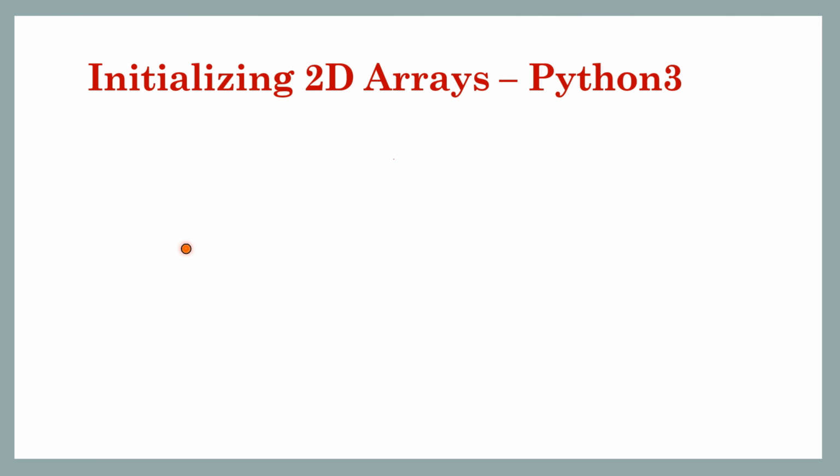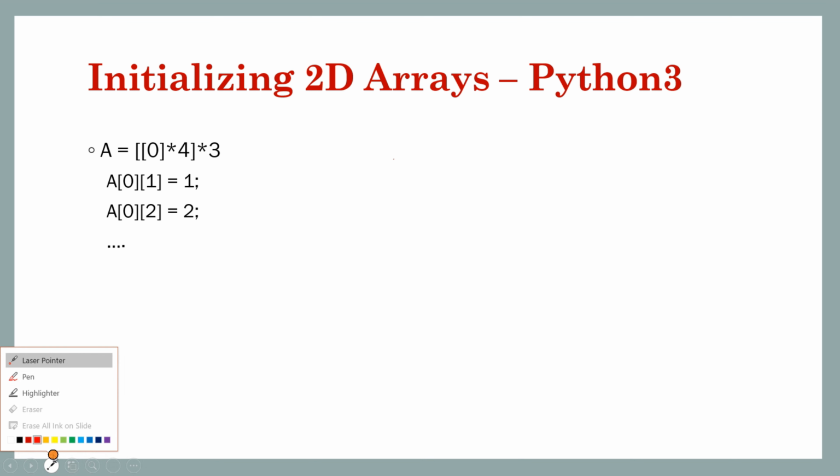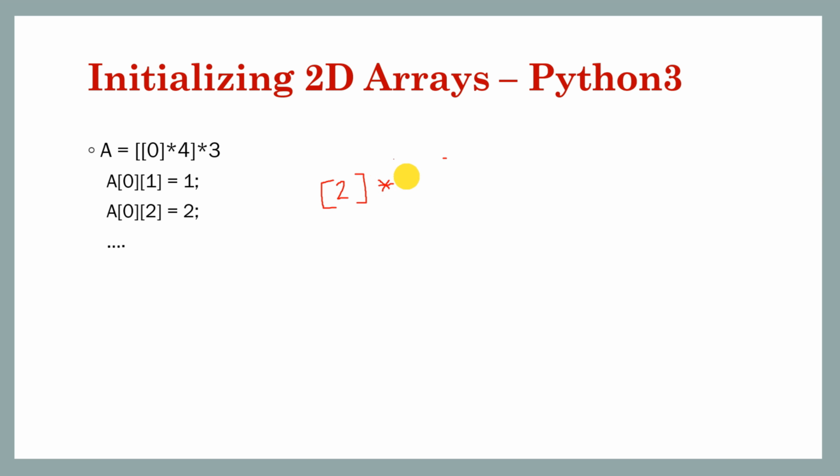Now in Python 3, again in the single dimensional case, you remember if we write some value in the bracket, let's say 2, and this is a square bracket, and then multiply it by some value, let's say 3.